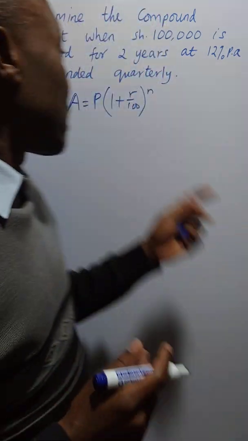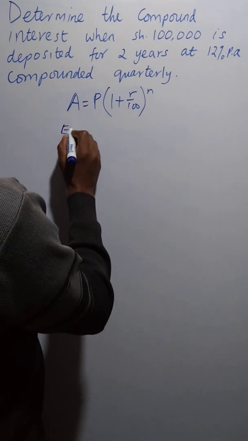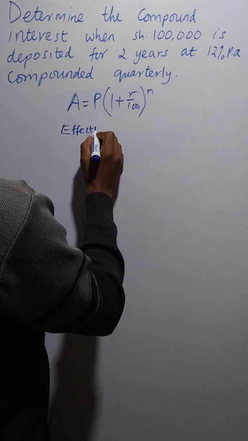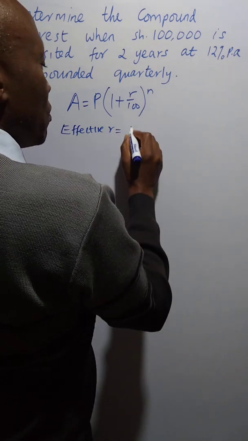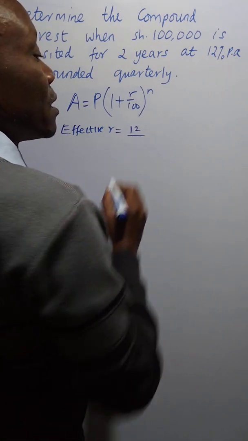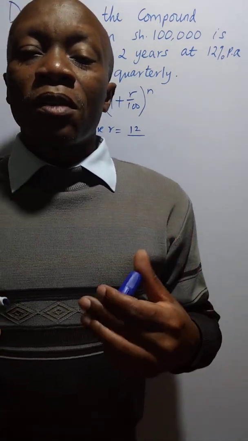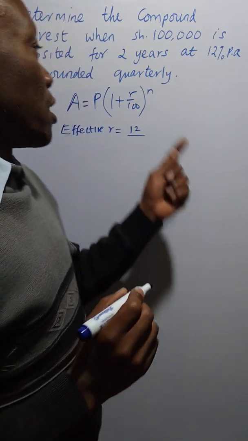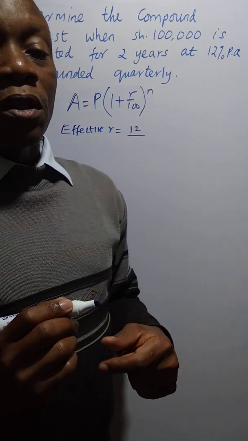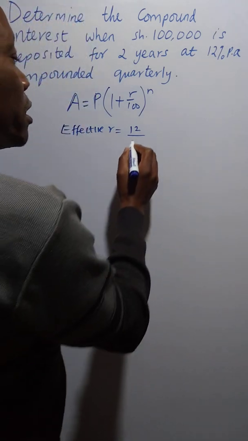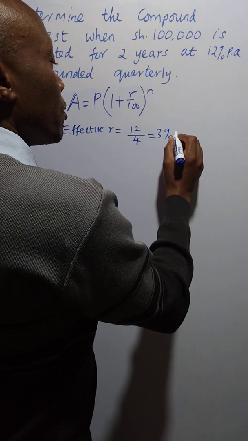Therefore, we need to adjust our R and N. So our effective rate to use will be given by the rate per annum, which is 12, divided by the number of times the interest is calculated in a year, which is 4, because after every quarter we have a calculation of compound interest done. So we shall divide here by 4, and that gives us 3%, and this is the one we shall use here.